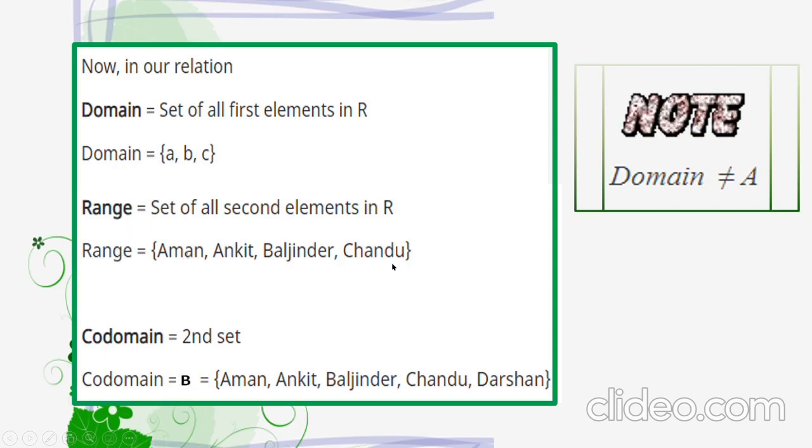So these 4 names will come in the range. Eklavya will not come in this range. Codomain is the complete second set. It means set B. All the elements of set B will come in the codomain. Now, we should note down one more thing, that domain is not equal to A. All those first elements which come in the relation, we will call them the domain.